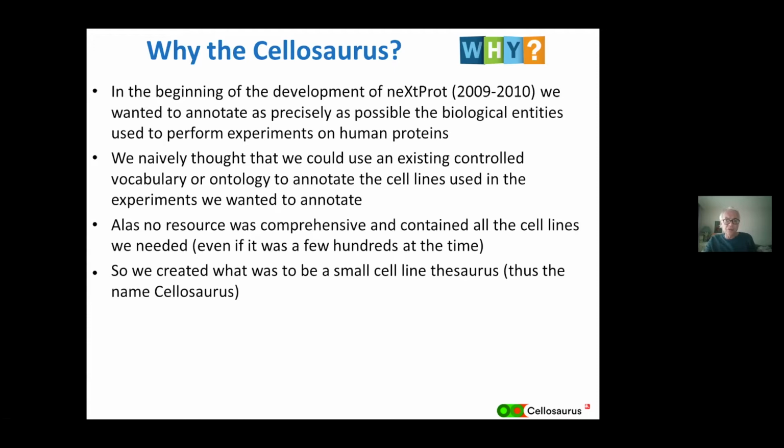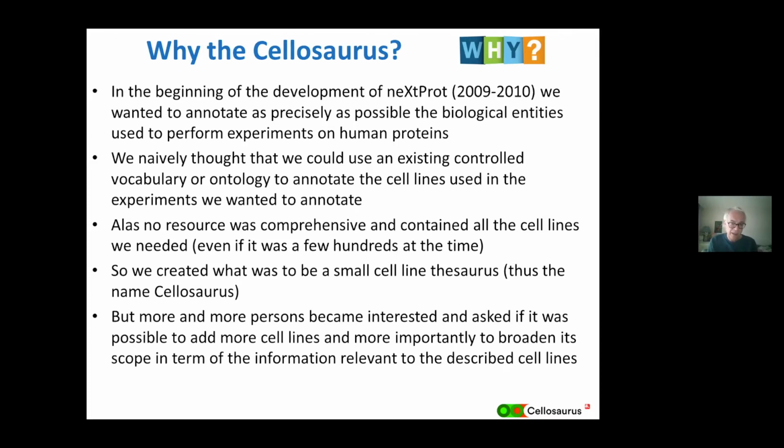So the idea was to create a small cell line thesaurus. Very simple, just cell line names and synonyms and maybe a few references. And thus the name Cellosaurus, cell line thesaurus. So that was the plan. Nothing very fancy, you could say just a dictionary, a list of cell lines, and that's it. But of course, nothing that you plan goes the way you want.